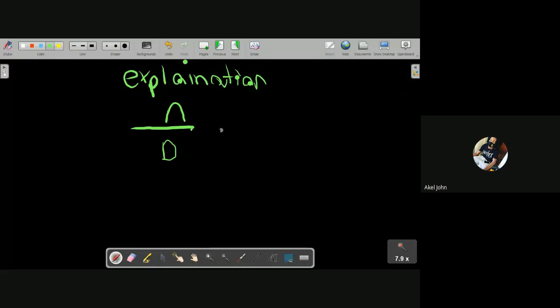And we know with fractions, the numerator could possibly be 0 or any other number, or whole number. However, the denominator can never be equal to 0.